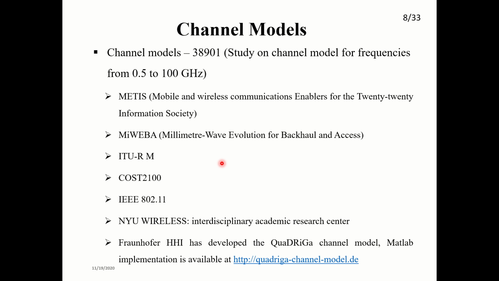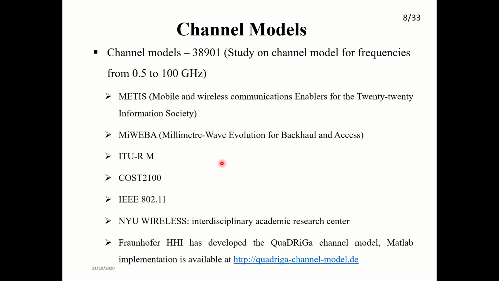Thousands of measurements were made, and based on that they mathematically formulated that this scenario will be like this: urban, suburban, rural, highways and multi-storey buildings. Different things are incorporated in this model. It's not a single man's research; it's multidisciplinary research, with a huge number of scientists, engineers and researchers involved in developing one particular model.